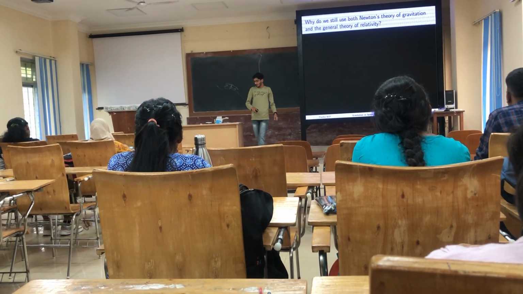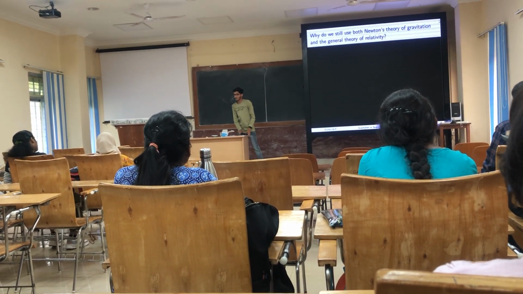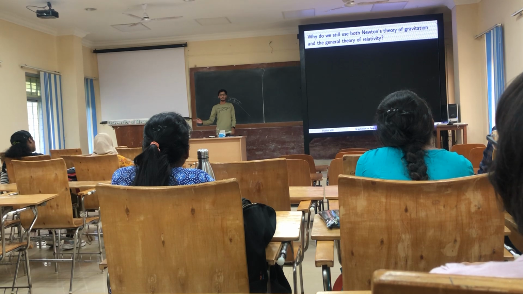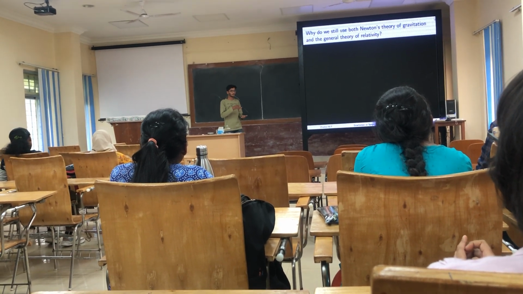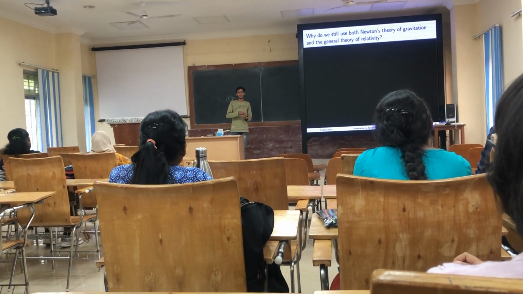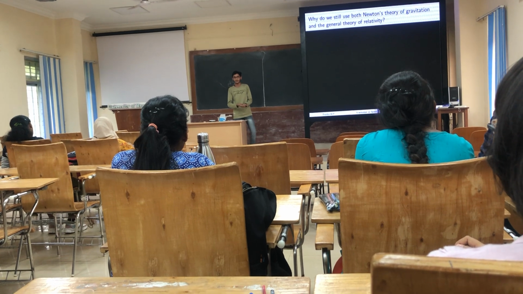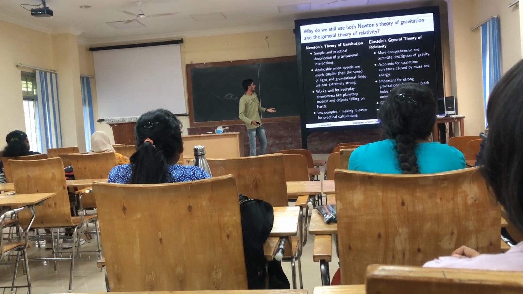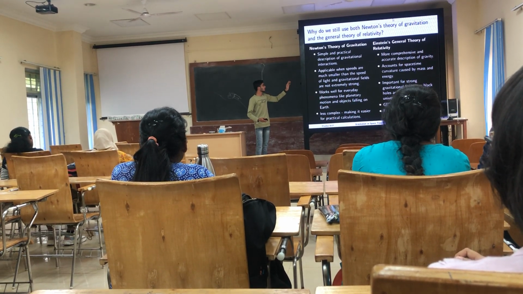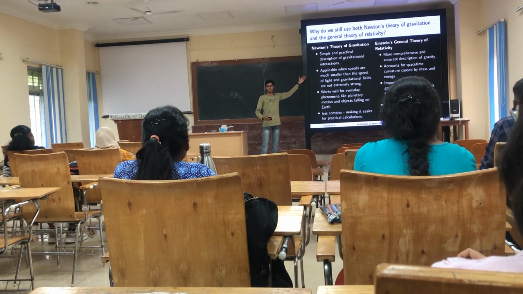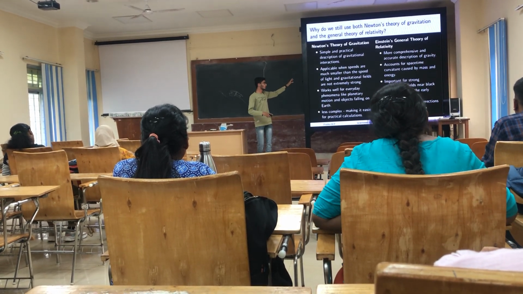With the presence of a new theory, usually we leave the old theory, but now we are still using Newton's theory. There should be some reason to use that, right? So this is the comparison between those two. Newton's theory of gravitation is simpler. Yes, it still works.